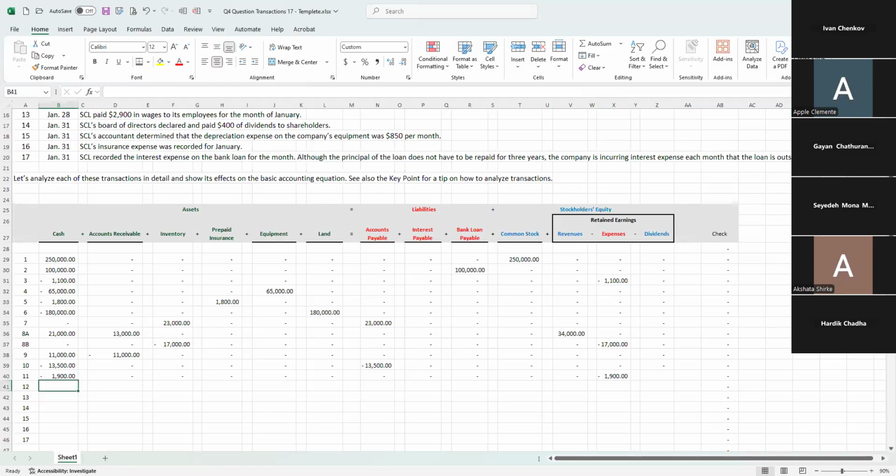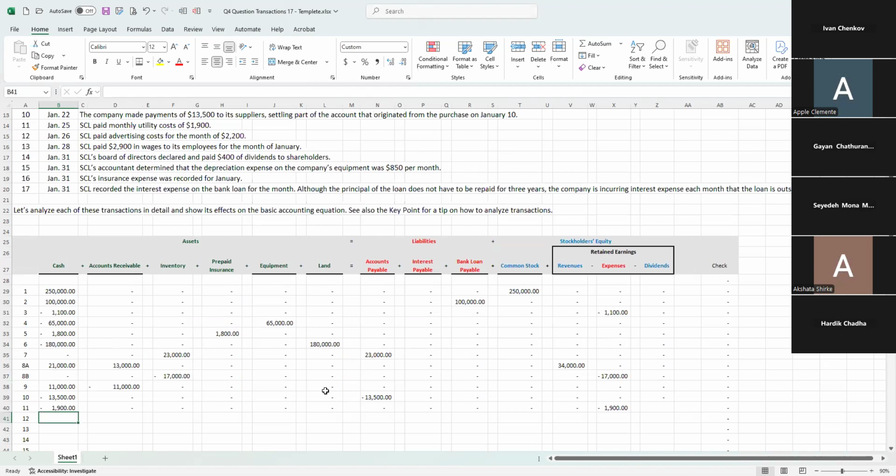Decreasing cash, cash going down, minus 2,200. Nothing here, nothing here. Expense is going to be affected only by reducing retained earnings or shareholders' equity. Minus 2,200. And we're done with this.